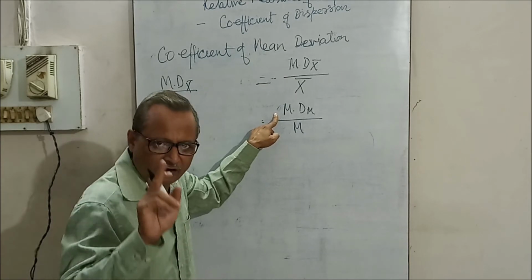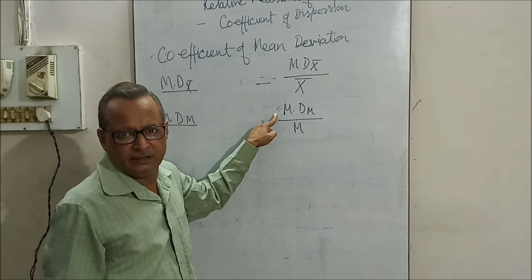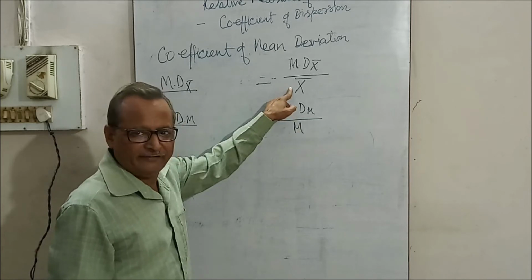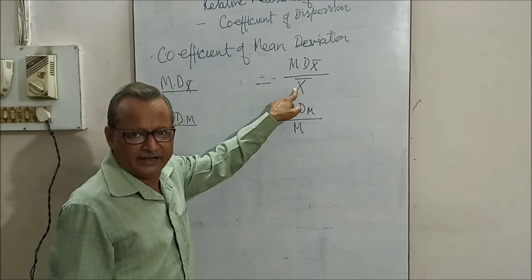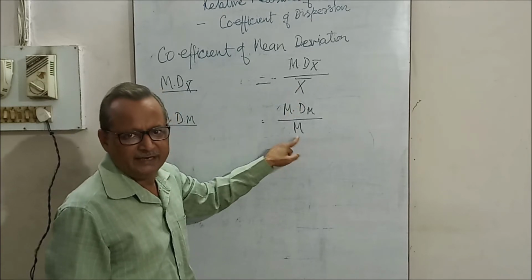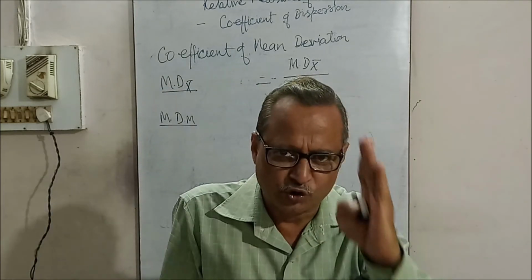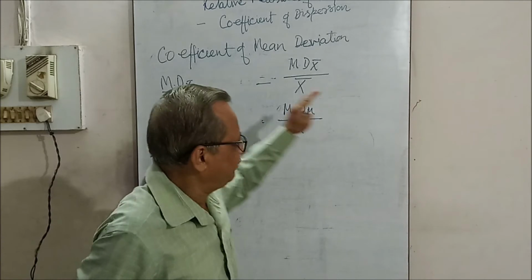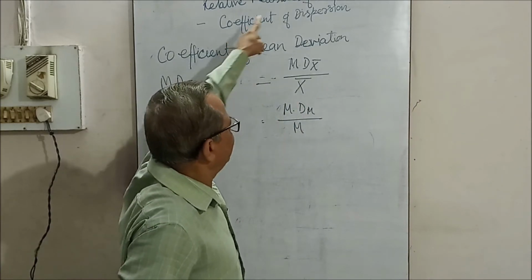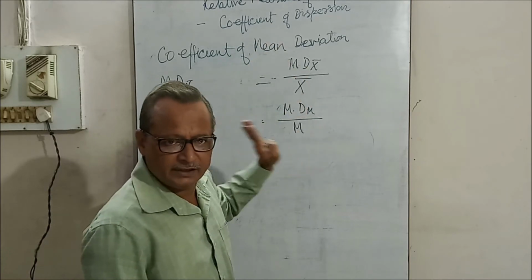You know the formula to ascertain the mean deviation, and then divide it by the average: mean deviation from the mean is divided by x bar, mean deviation from the median is divided by the median. So mean deviation is called an absolute measure, and then we find the relative measures, the coefficients, divided by averages. Is it clear now?